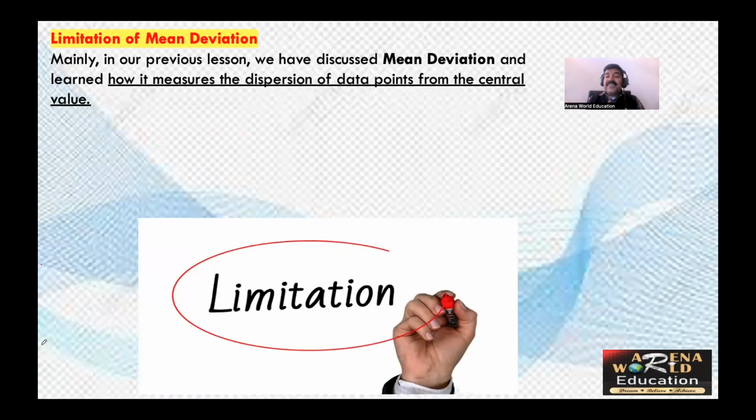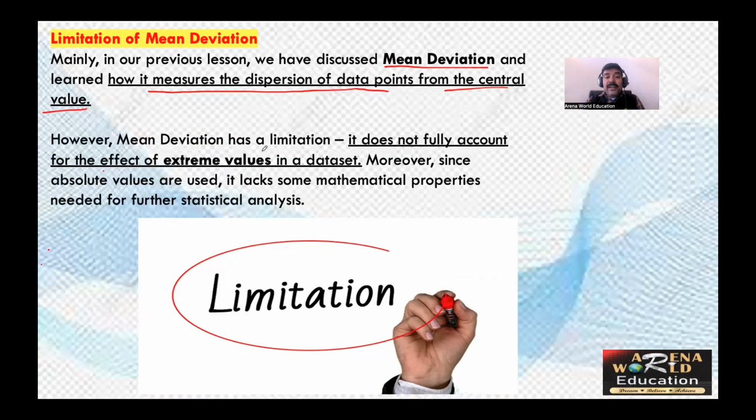Now let us discuss the limitations of mean deviation. In the previous lesson, we discussed mean deviation and learned how it measures the dispersion of data points from the central value, which can be mean or median. Mean deviation has a limitation. What is the limitation?